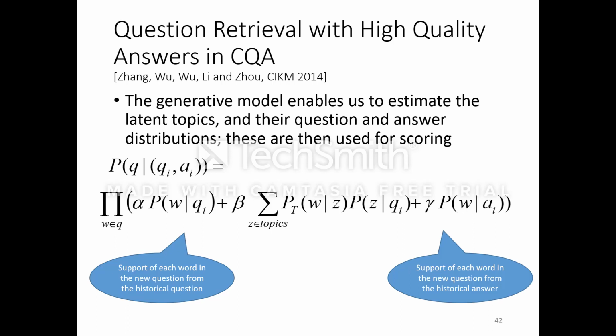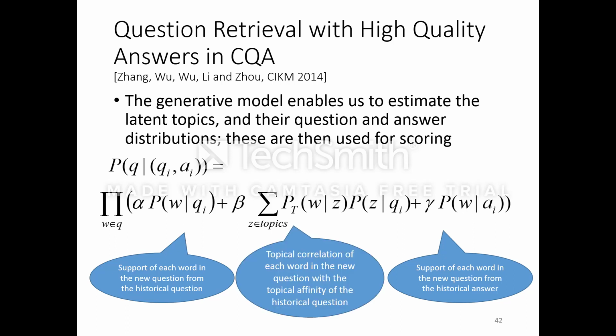The one significant difference here is, instead of summing up in the middle term over the set of words in the QI, you sum up over all the set of topics. Then you're looking at whether that topic is well represented within QI. And if that topic is well represented, and if that topic is highly related to this word W that you are looking to score on, then you give a high score.